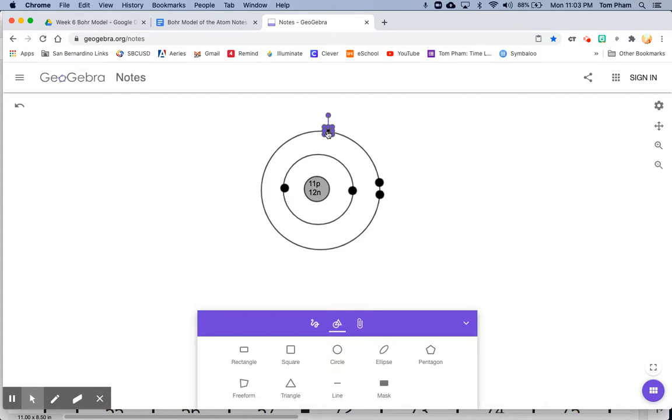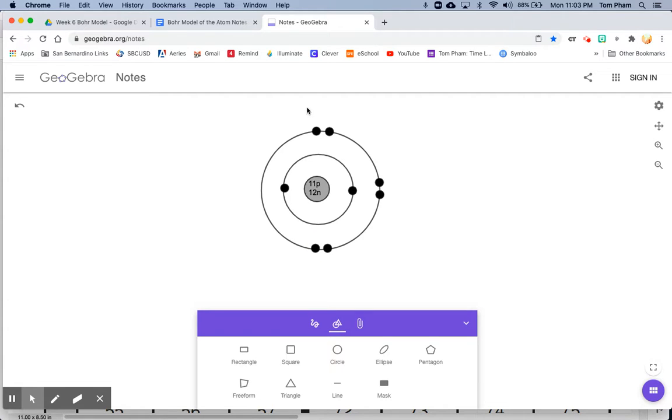I'm going to add it right here, and then paste another one and pair it up with this one. And then I need a few more, so let's put it right there, and then paste another one and pair it up with that.